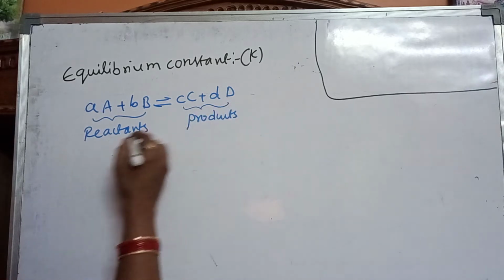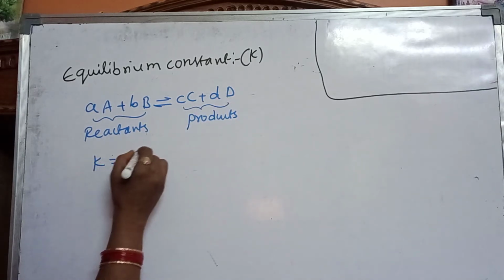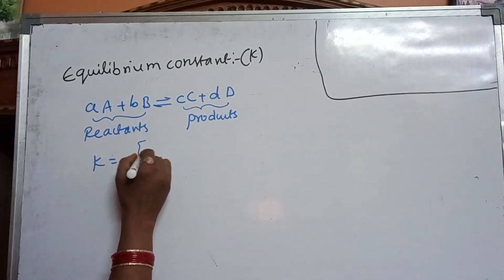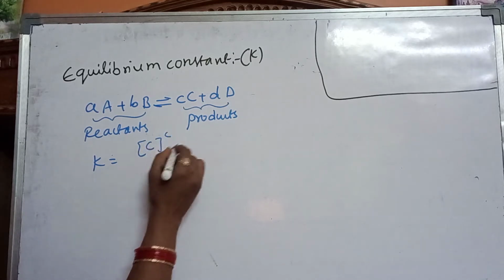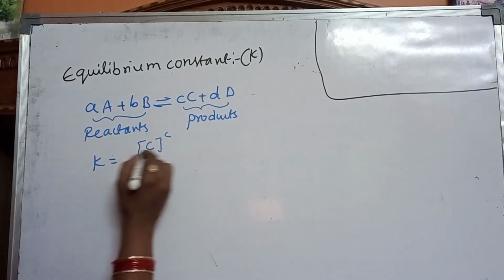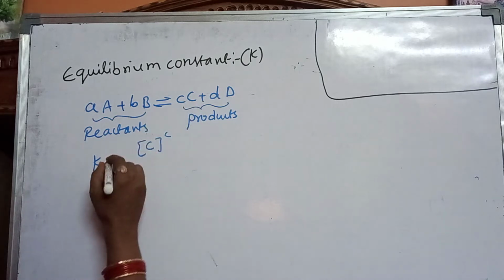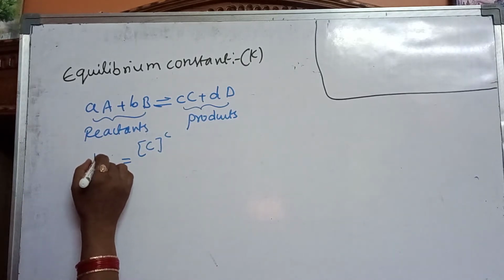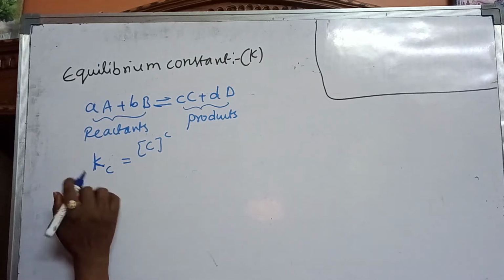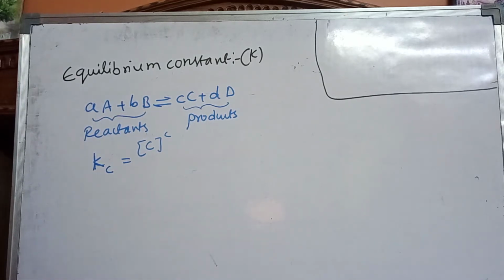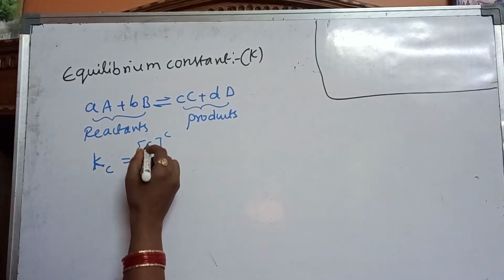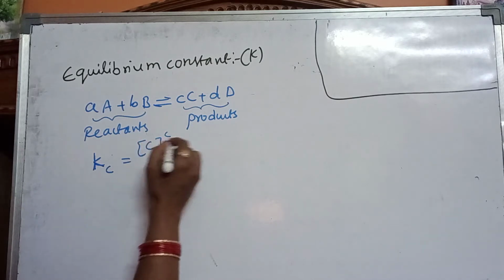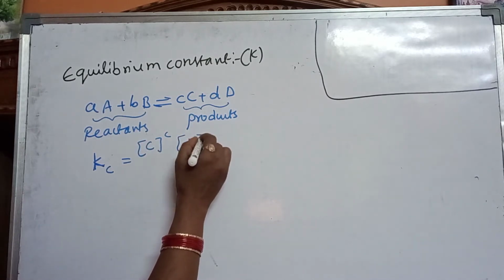Equilibrium constant K is the concentration of products over reactants. Since we are writing it in terms of concentration, we take it as Kc, the equilibrium constant with respect to concentration. Square brackets indicate concentration.